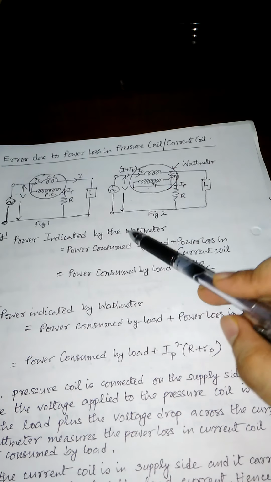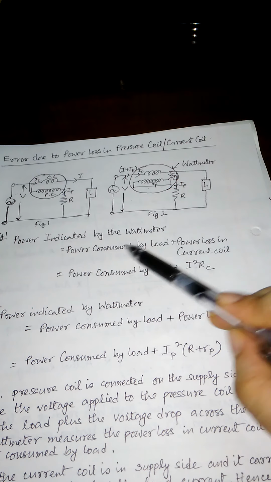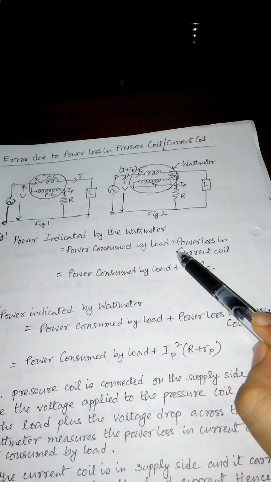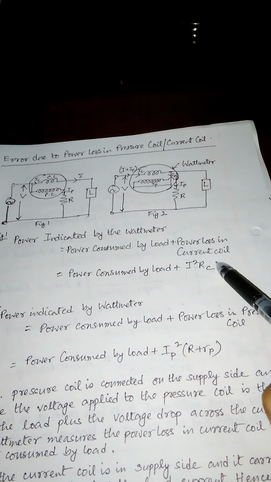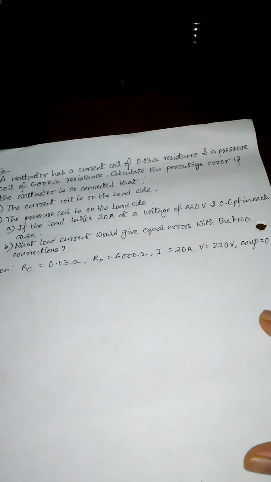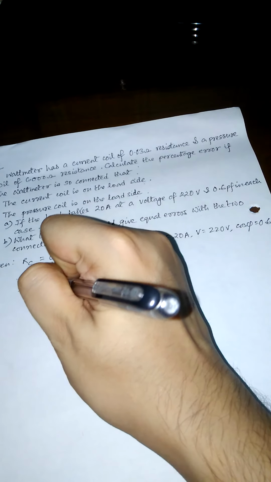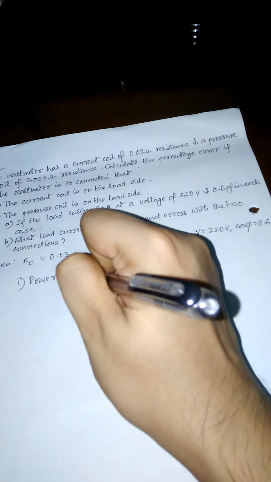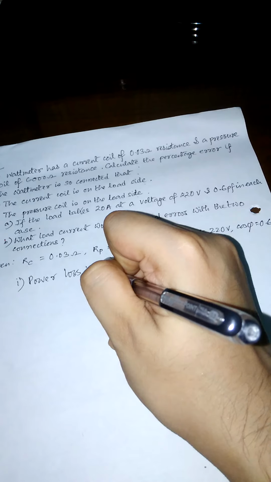Here what happens: the power indicated by the wattmeter is the power consumed by the load plus the power loss in the current coil. So we have to consider this power loss. Now see, in the first case, what will be the power loss in the current coil?